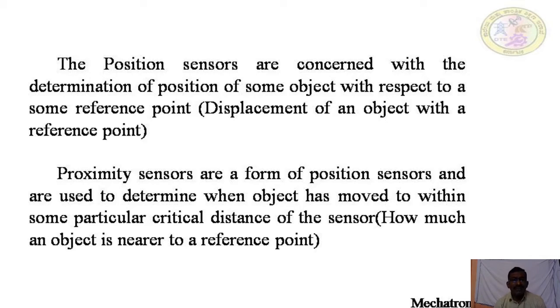It means that displacement of an object with a reference point, or a position of an object with respect to a reference point where the object is located, at what distance the object is located from the reference point, and at what angle the object is located with respect to a reference can be measured by position sensors.